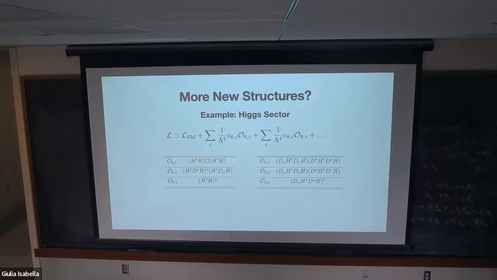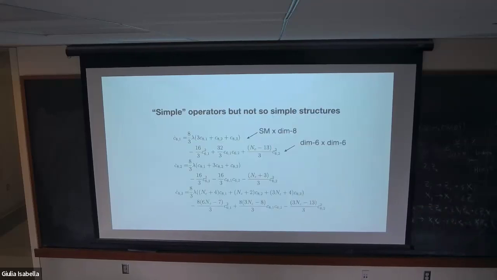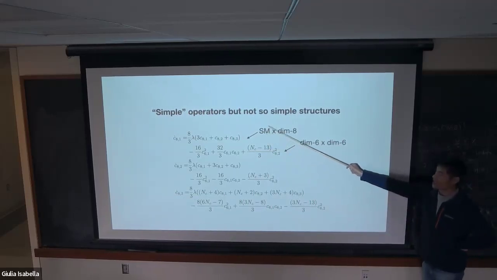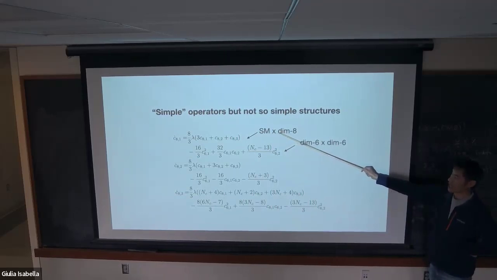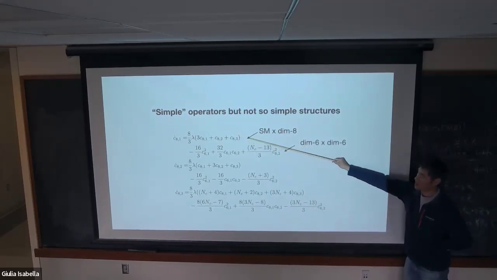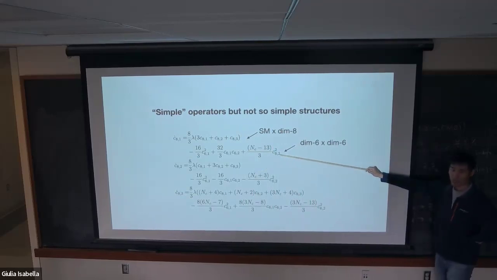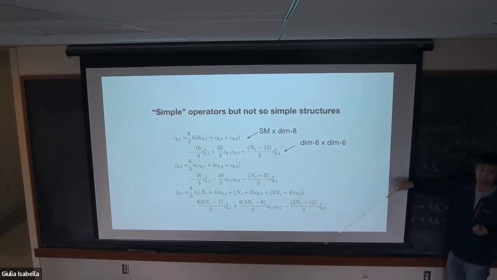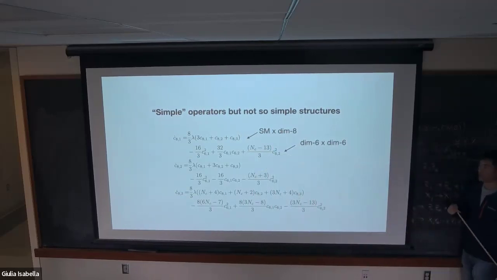So you can easily compute the RG evolution here. Because these are dimension 8, they go as 1 over lambda to the 4th. There are two types of contribution. One is coming from the standard model lambda phi to the fourth coupling interfering with dimension 8. But you can also have a pair of dimension 6 operators that gives you 1 over lambda to the 4th.